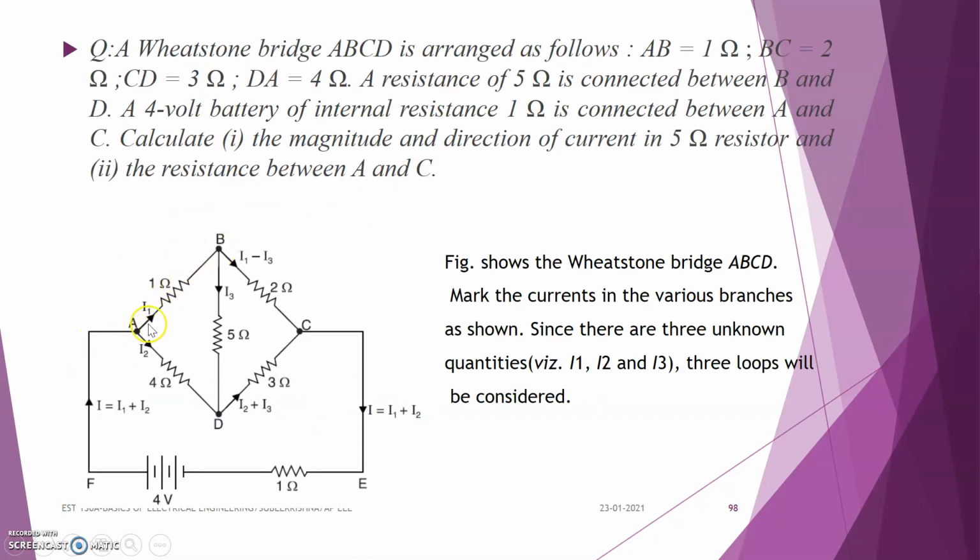We are going to analyze the circuit in this direction, so the current is also flowing in the same direction. So we can take this minus 1 into I1, and next is minus 2 into (I1 minus I3), and next is minus 1 into (I1 plus I2), and the next one is this voltage source. First we see the negative terminal, and it ends with the positive terminal. So we can take this value as positive. So plus 4 is equal to 0.